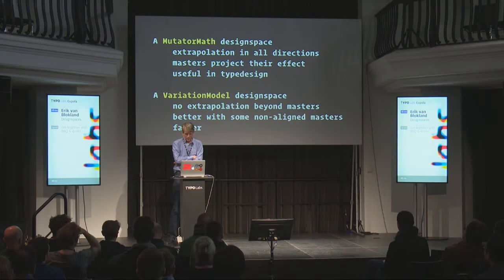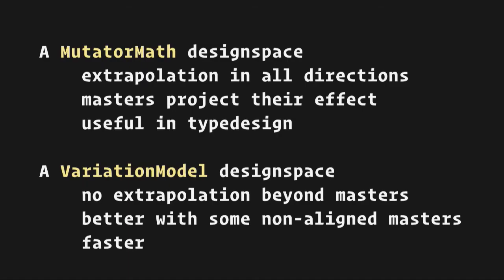I had not seen the specification. I think at that time it might not have been available. I just thought, how should this work? And it became sort of a definition of a design space. It had extrapolation in all directions. Masters would do really complicated things, and it became a useful tool in type design.